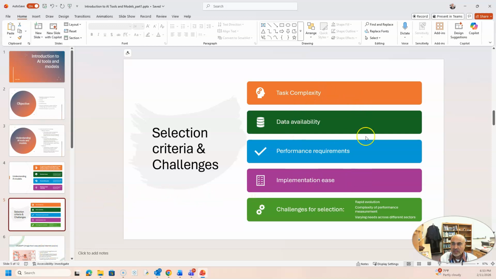Now, there are also challenges for the selection. And some of these challenges, when you're trying to compare these AI technologies, come from the rapid progress of AI. It's very difficult to do a performance evaluation because the criteria are so complex, because various industry or various sectors of the industry make this comparison very, very complex and difficult.